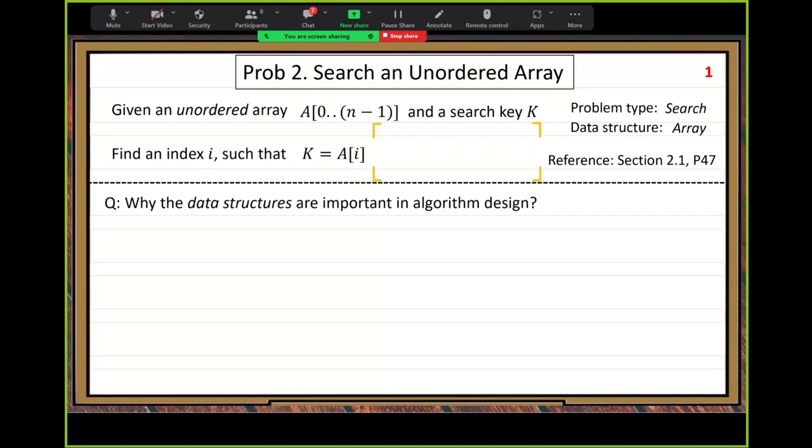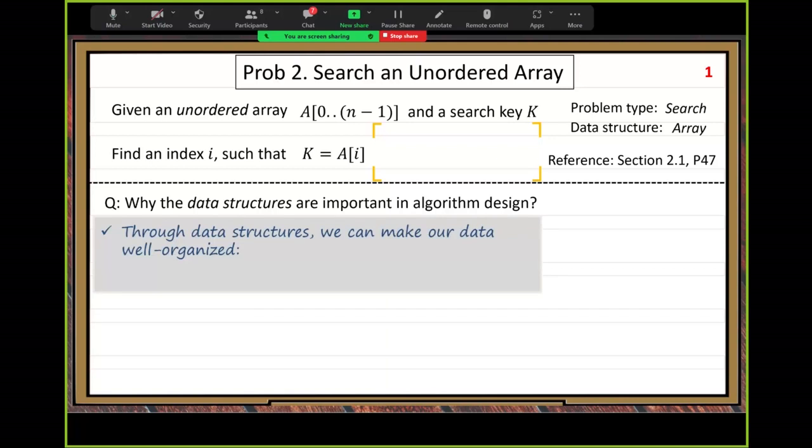All right. Question: why are data structures important in algorithm design? So the answer is pretty simple. Through data structures, we can make our data well organized. Remember the last time in our first lecture, I addressed the importance of well-organized data.